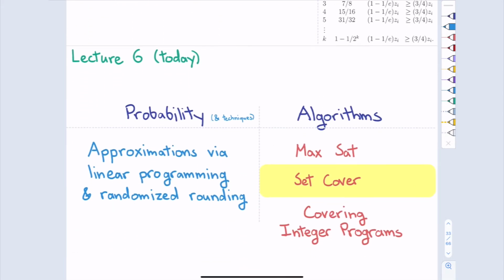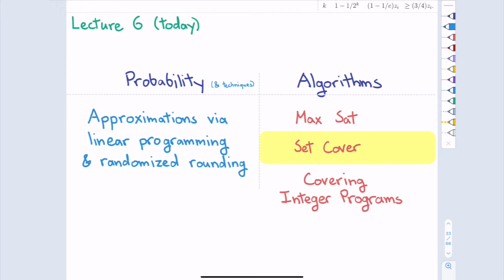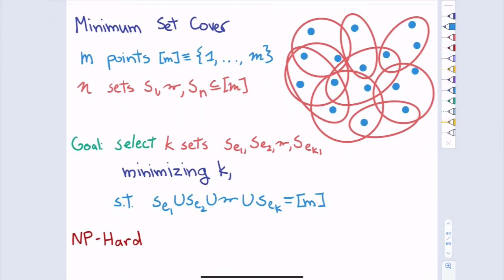Okay, so we probably won't do covering integer programs, but I hope we can at least discuss set cover. I'm guessing you guys might have seen set cover before. Sometimes it's treated as one of those introductory NP-hard problems. But it's a combinatorial problem. So you have m points in some space and n sets of points.